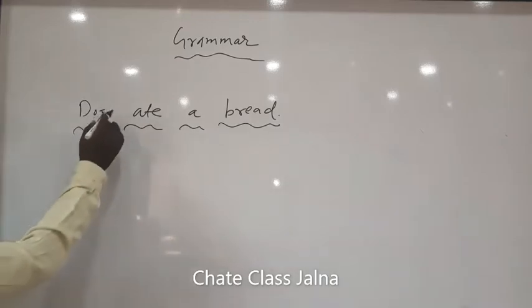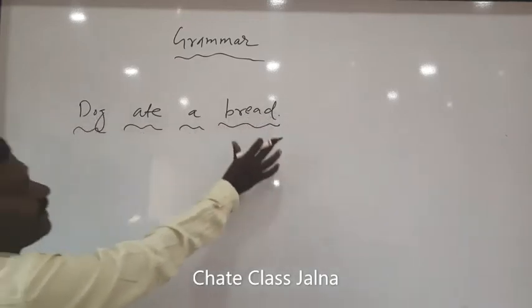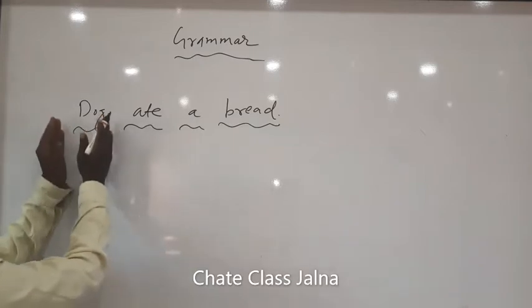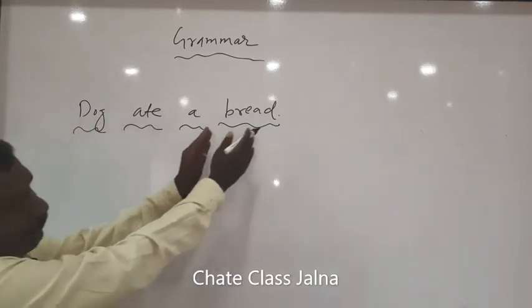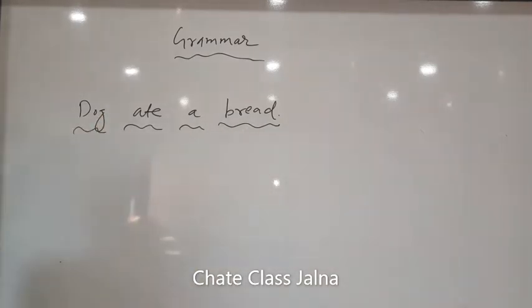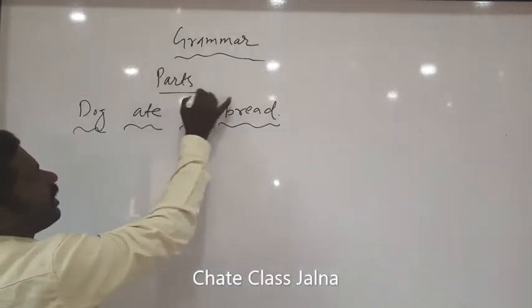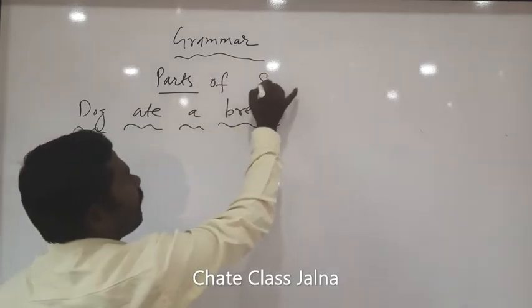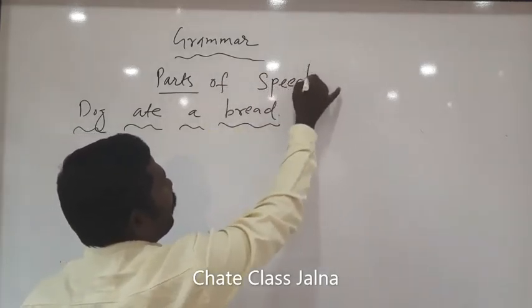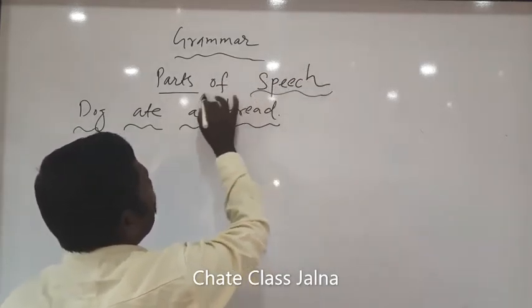Its role, we can say, is the division of the words, or those are the parts of the sentences, and these parts, dog, ate, a, bread, are called the parts of speech in grammar. And today that is what we are going to learn, parts of speech.